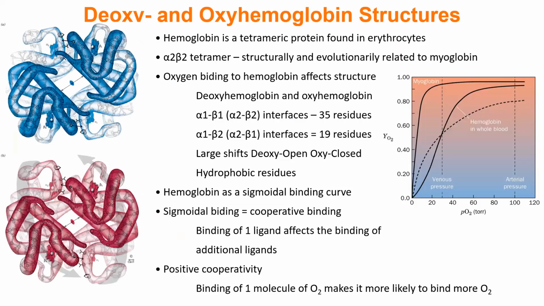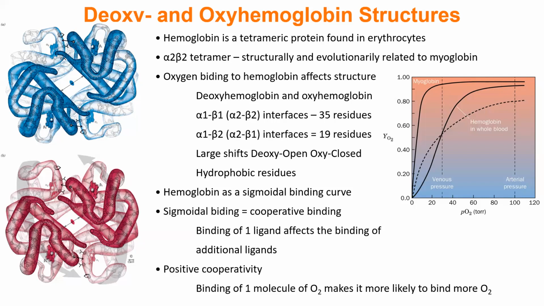We also looked at cooperative binding for hemoglobin. Hemoglobin has 4 hemes, so that means it can bind 4 oxygens at a time. The thing about hemoglobin is that if one oxygen binds at one heme, the other hemes want to bind oxygen as well.